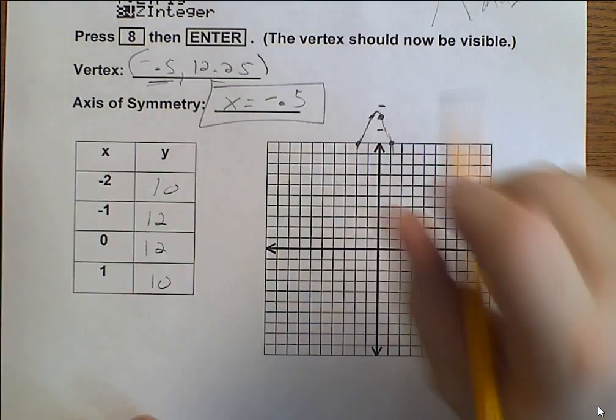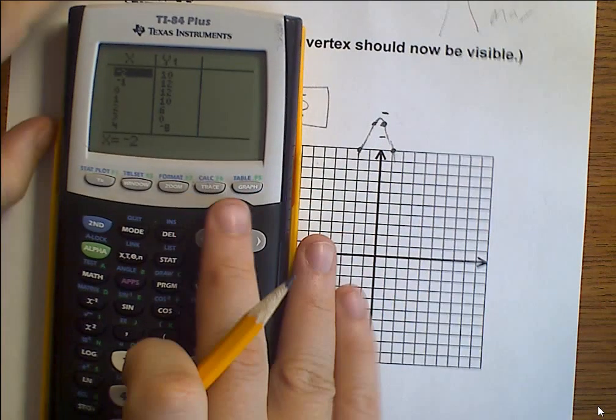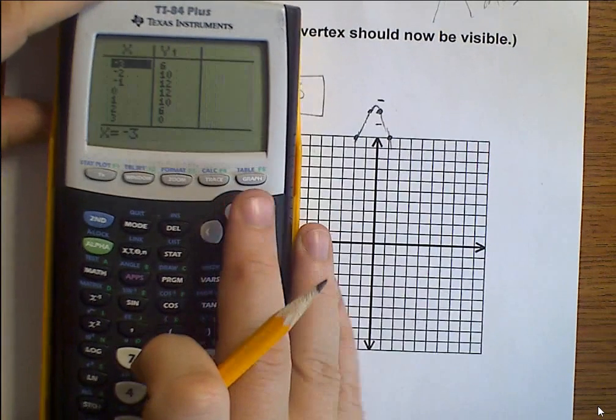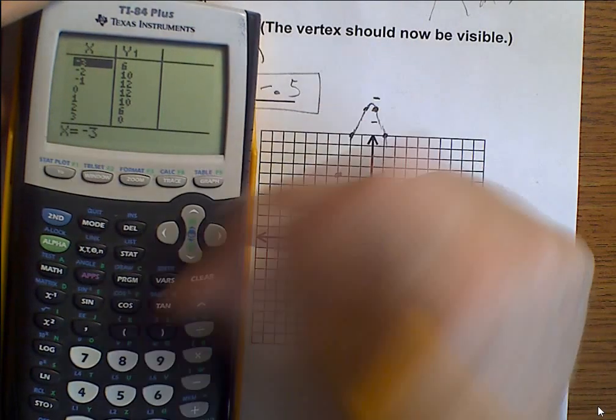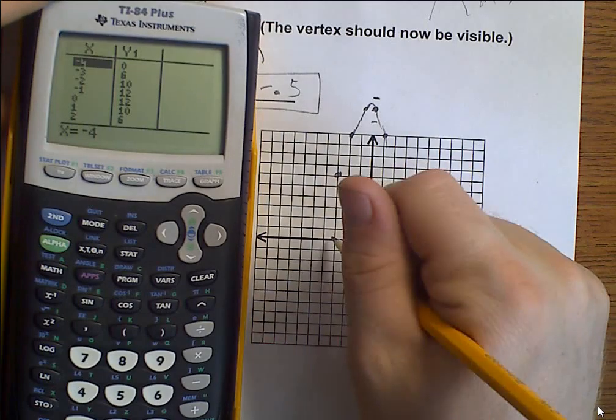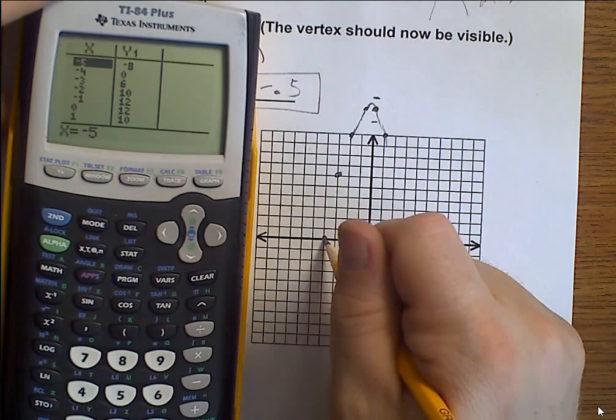And I actually like to have some other points, so I'm going to go back to my graph. Negative 3 is at 6. Negative 4 is at 0. Negative 5 is at negative 8.